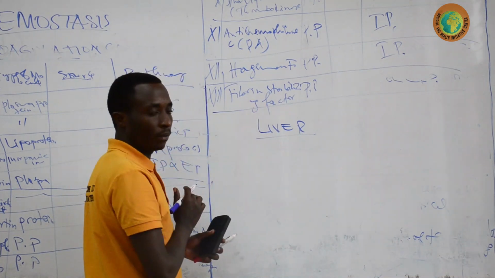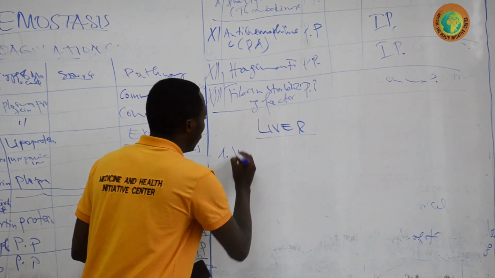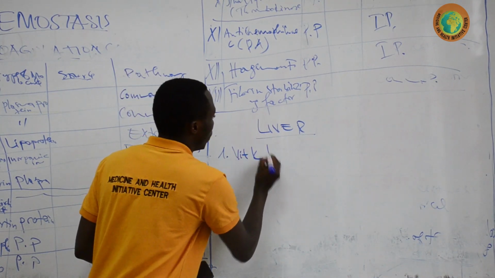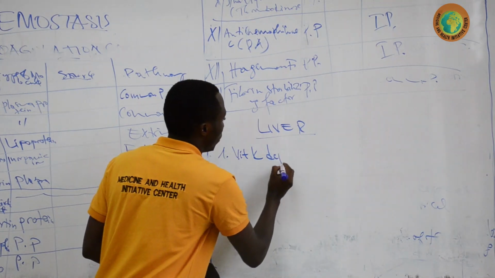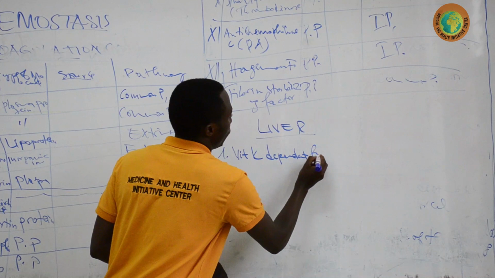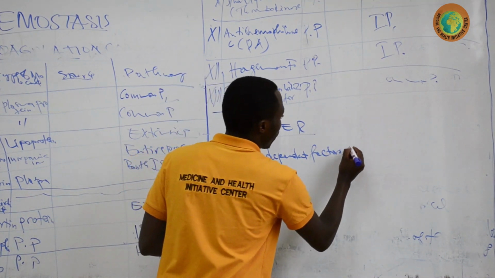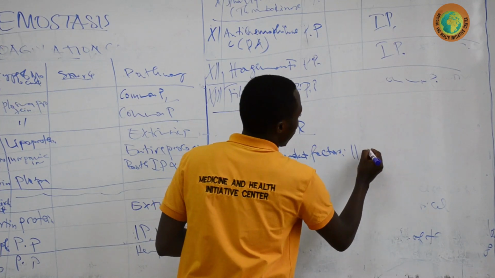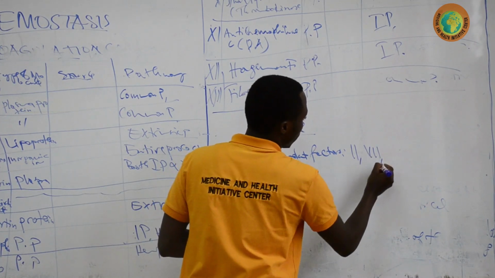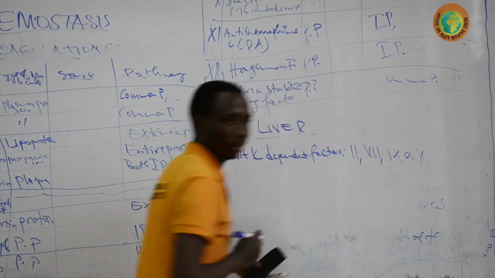In the liver, we have vitamin K dependent factors, which are factor 2, factor 7, factor 9, and factor 10.